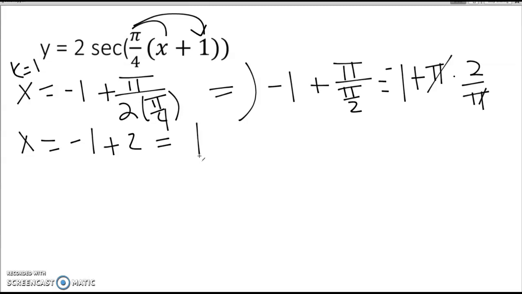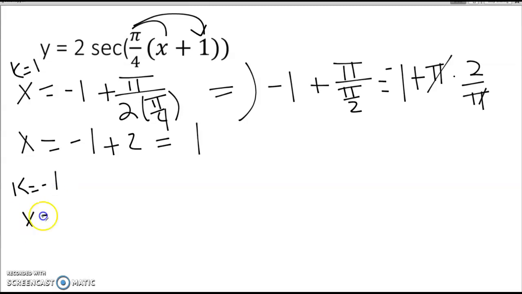So I need another one, because we already, did I do my period? I think we did our period. I hope I did the period. The period is 8, so I need to be 8 units long. So let's do it now with k equals negative 1. That's nice to do, right?